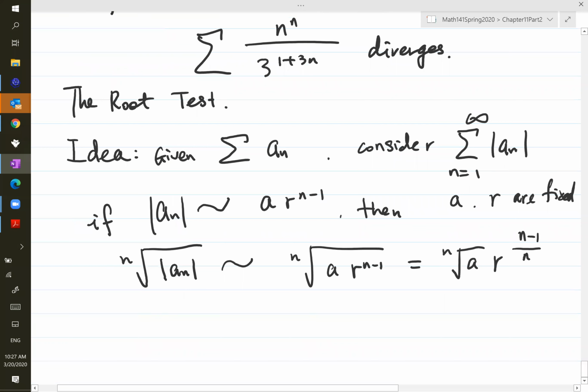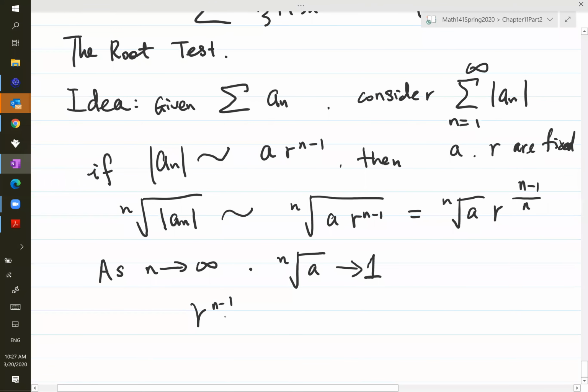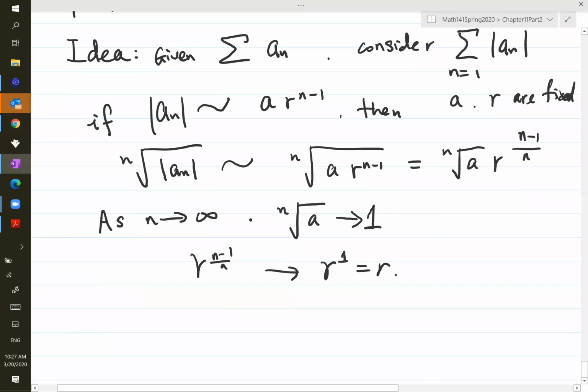As n approaches infinity, the nth root of a equals 1, and r to the power (n minus 1) over n approaches r to the power 1, which is r.